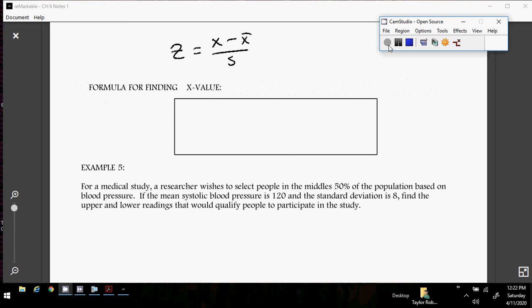Okay, so instead of using all of that algebra to solve, there are a couple of problems where you're going to have to find the X value. Instead of doing all the algebra, I'm going to go ahead and give you an equation for this.